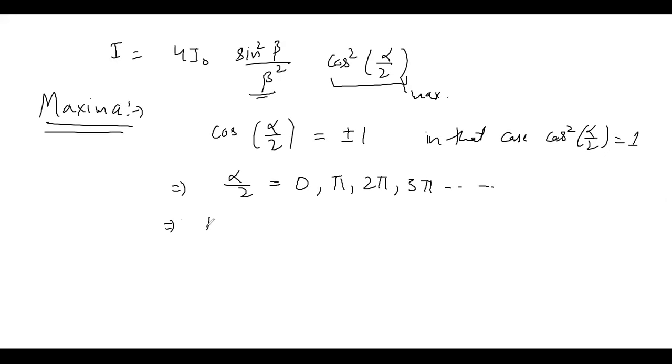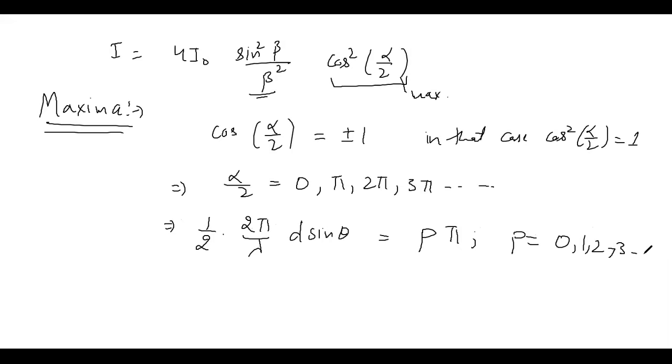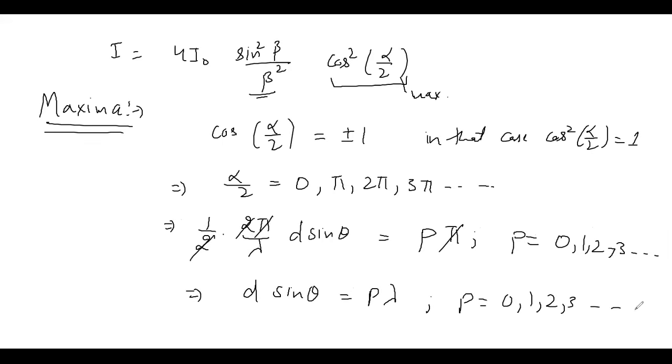Again, if you plug in the value of alpha, and let's call these as p pi, where p can have any value from 0 onwards. यहाँ से 2 से आपका 2 कैंसिल हो गया, pi से आपका pi कैंसिल हो गया. So what you will get would be that your d sin theta is equal to p lambda, where your p could be 0, 1, 2, 3, and so on.